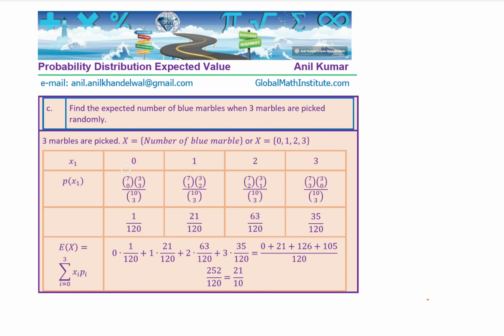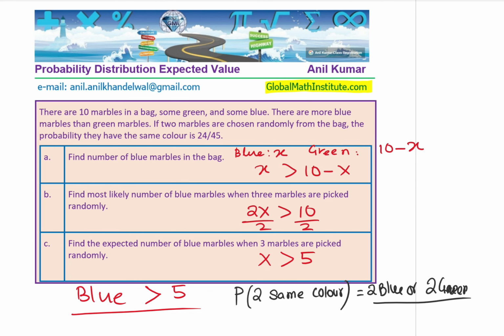Expected value is the product of these two, and when you multiply them and add them up you get the expected value. Therefore the expected value, as we just discussed, is 21 over 10. Do you see that? This was an excellent example which gives you a fairly good idea about how we solve questions related to probability, probability distribution, and expected value.